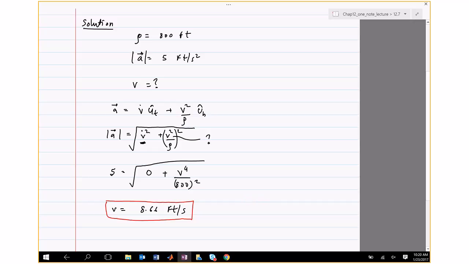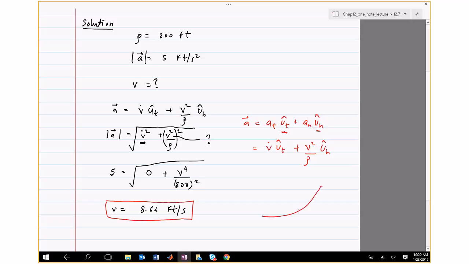The book says a is at ut plus an un, and at is the tangential component, which is v dot, and the normal component is v squared divided by rho. So it's the same thing. They just write it in a different way. The reason why at is called the tangential is because it's associated with ut, and an is the normal component because it's associated with un.